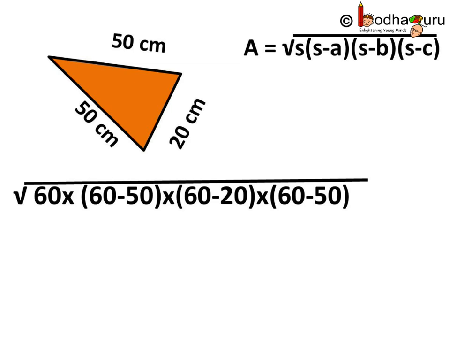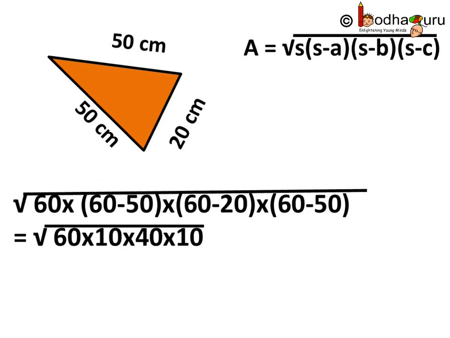Now, let us put the values of A, B, C and S in the formula. S we calculated as 60 centimeter. A, B and C are the 3 sides, and we know they are equal to 50, 20 and 50 respectively. A is equal to square root of 60 multiplied by (60 minus 50) multiplied by (60 minus 20) multiplied by (60 minus 50).